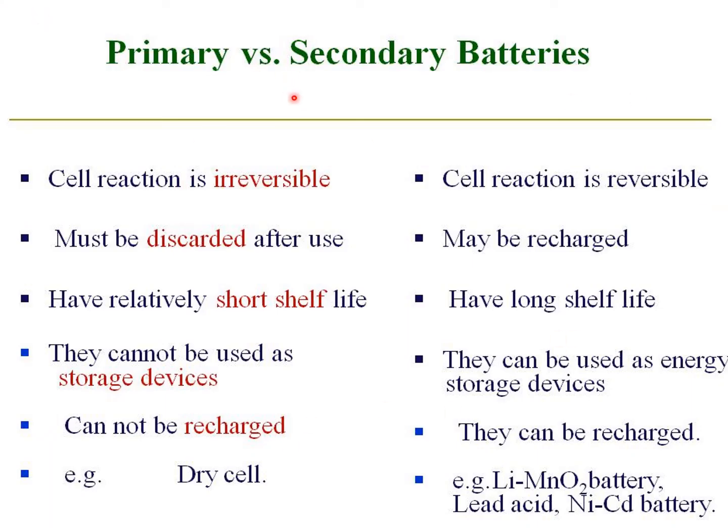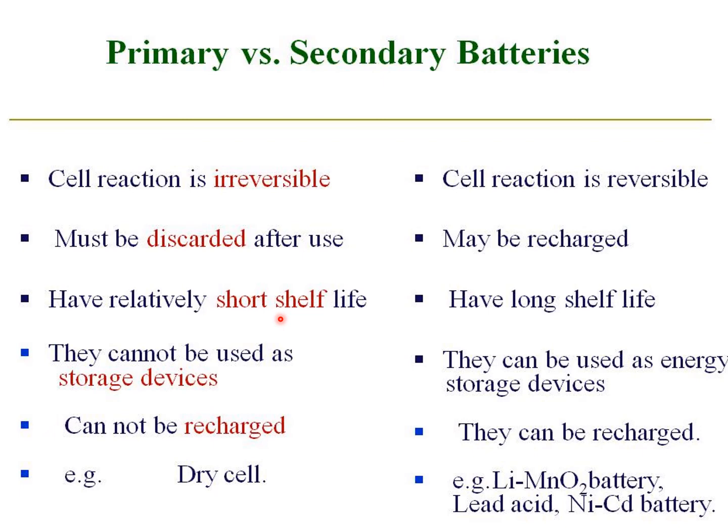Let's specifically differentiate between primary and secondary batteries. Cell reaction in primary cells is irreversible, that is why they are non-rechargeable. Cell reactions in secondary batteries are reversible and hence they can be recharged. Primary cells must be discarded after a single use, whereas secondary batteries can be recharged.